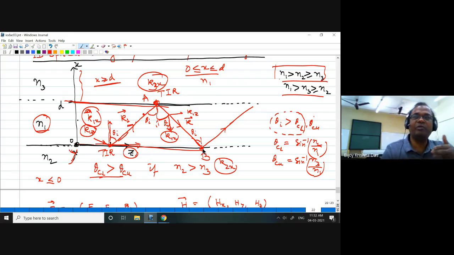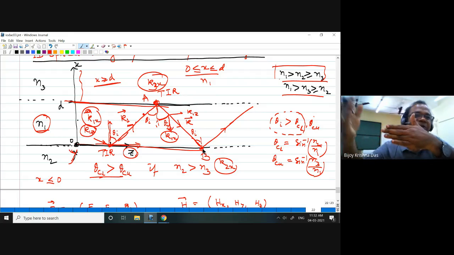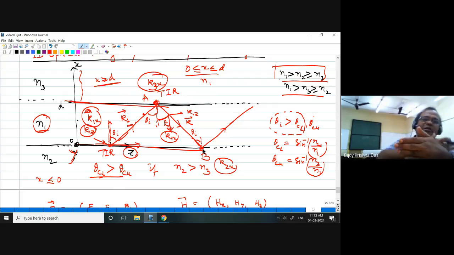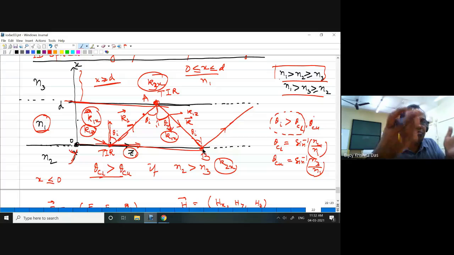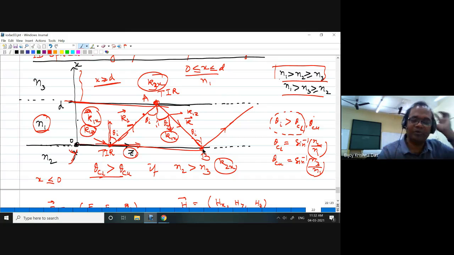An electromagnetic wave falling normally on a mirror comes back completely. If two mirrors are there and the wave propagates between them, it will go back and forth. You can imagine some kind of standing wave creation.